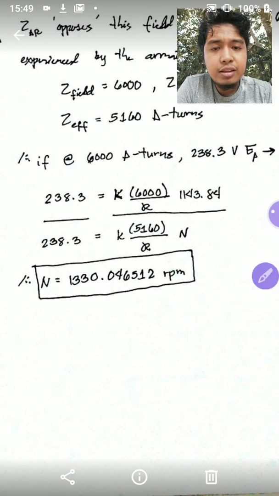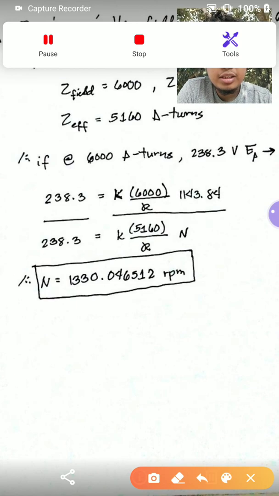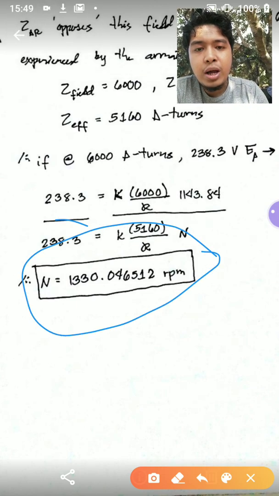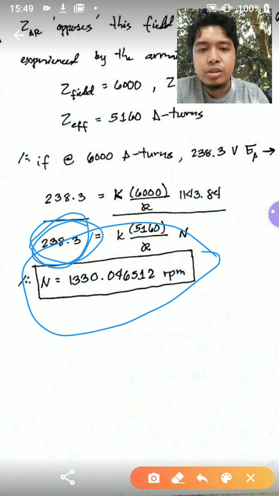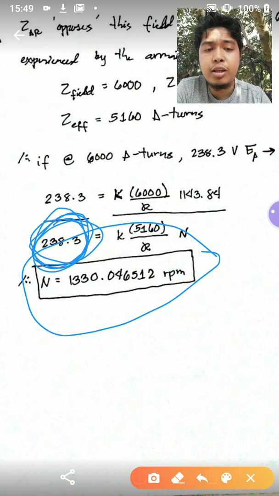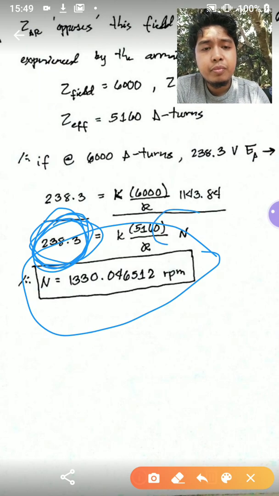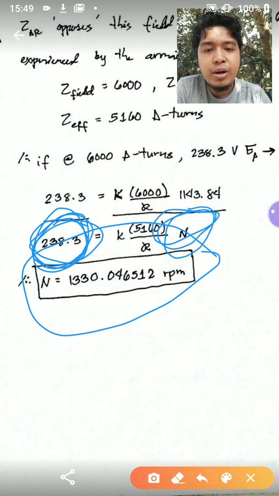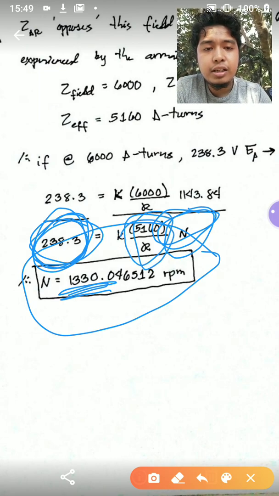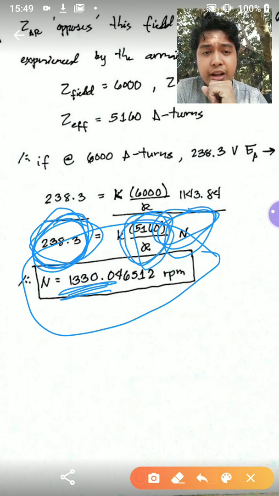So what does this formula give you? This tells you that if I want the same voltage at the armature, the same 238.3 at the armature, I should have 1,330 because of the effect of the armature reaction.